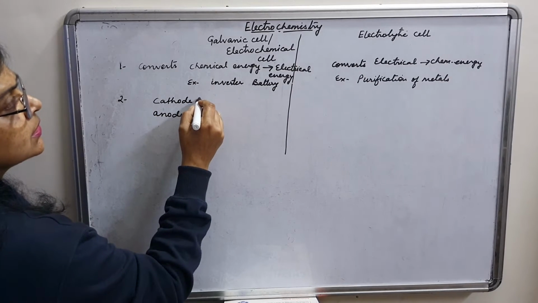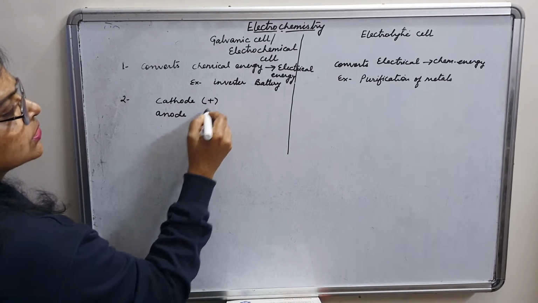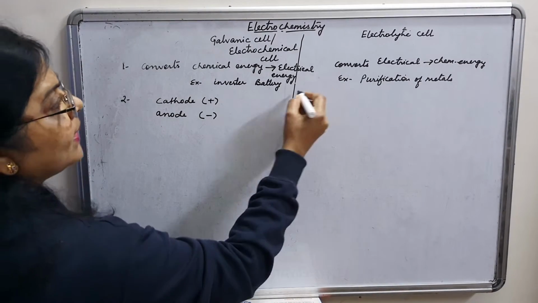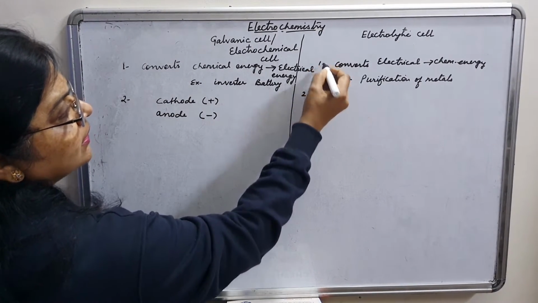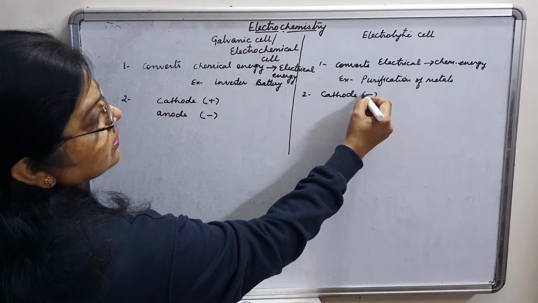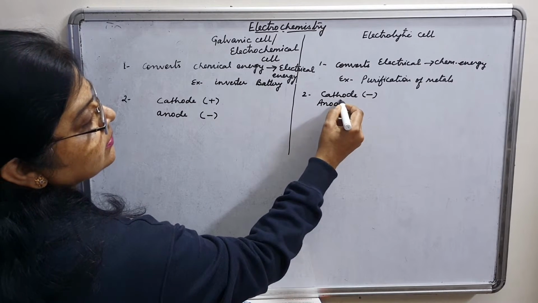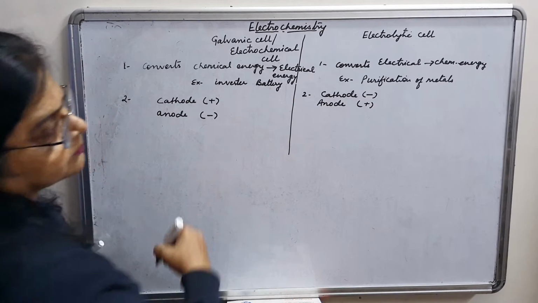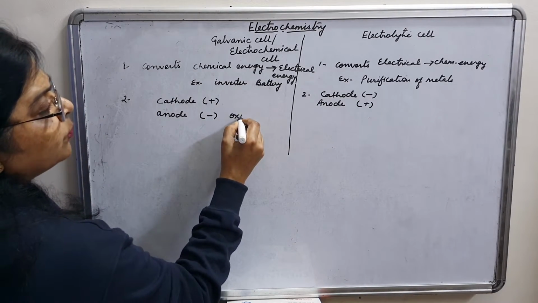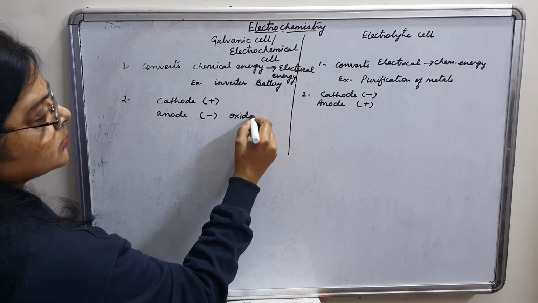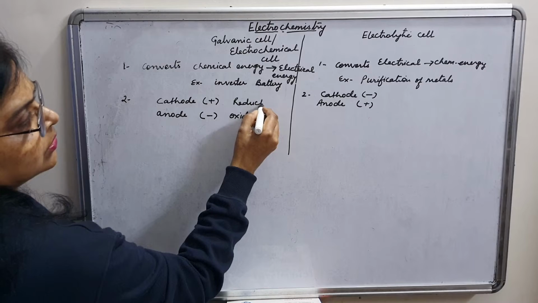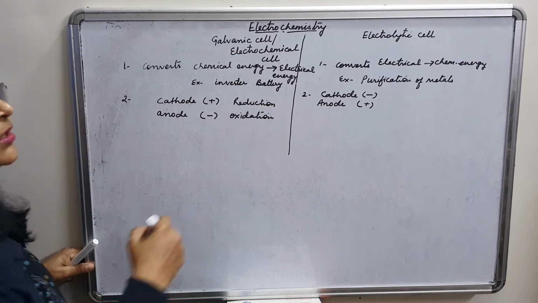In a galvanic cell, cathode is positively charged and anode is negatively charged, while in an electrolytic cell, cathode is negatively charged while anode is positively charged. But the similarity is that in both the cells, oxidation takes place at anode and reduction at cathode.